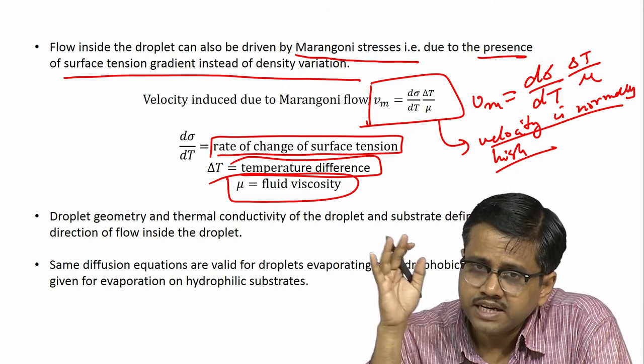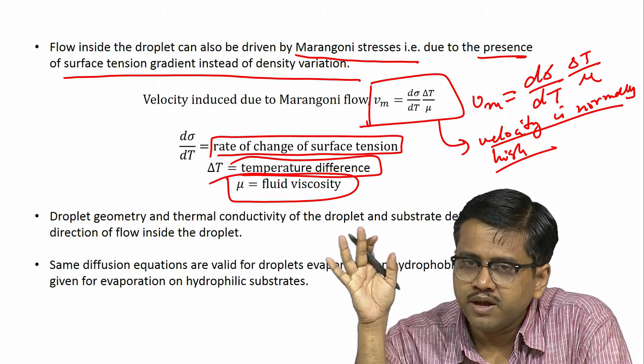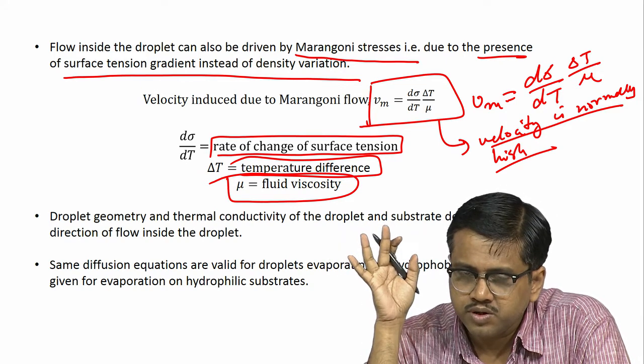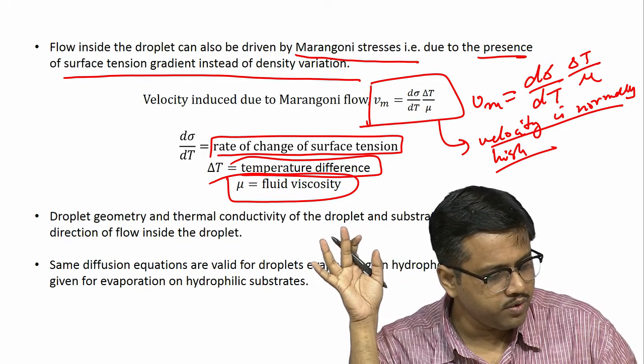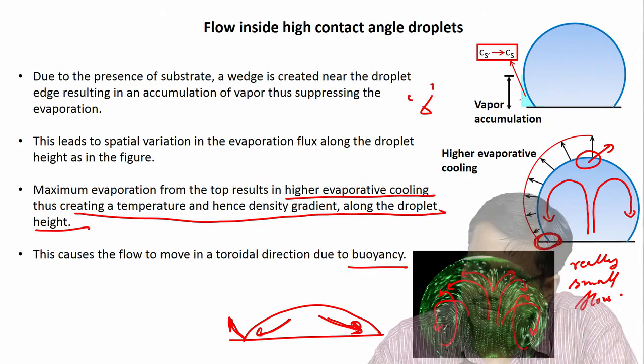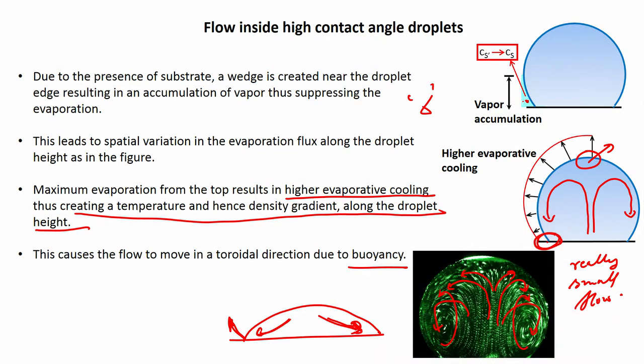So, what happens is that evaporation is still the driver, because of the wedge. If we recall the steps, because of the wedge there is a suppression of evaporation here. So, naturally that leads to a temperature gradient. There is a delta T that is created right away.